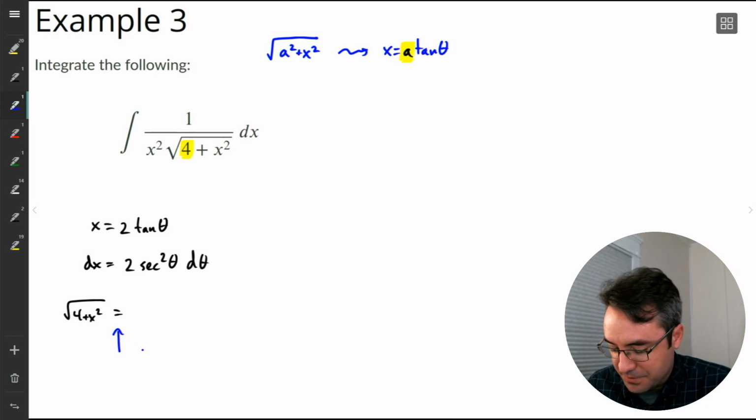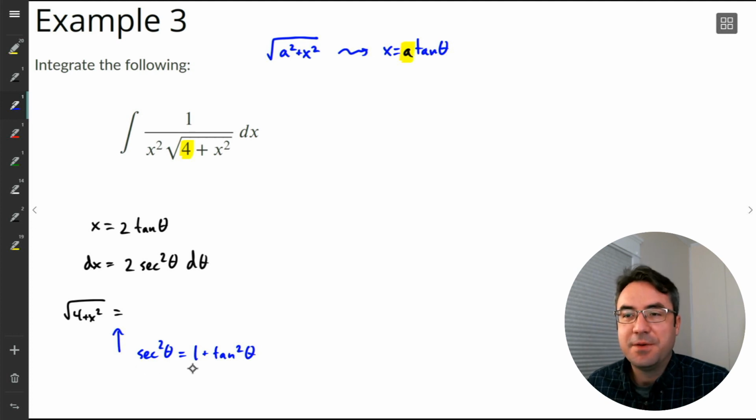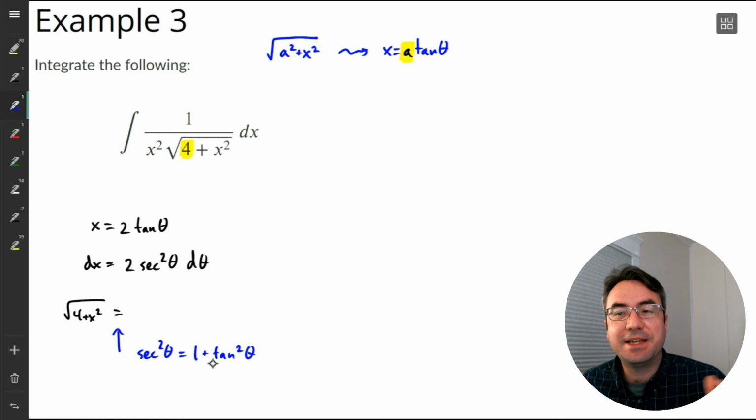So for secant and tan, secant squared is equal to 1 plus tangent squared. Based on this identity, I think of secant and tan as sort of opposite functions. Same thing with sine and cosine. In the last example, we had sine squared plus cosine squared equal to 1. I think of sine and cosine as opposite functions based on that trig identity.